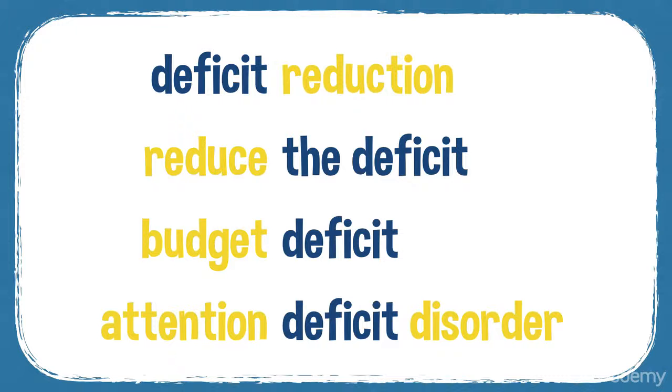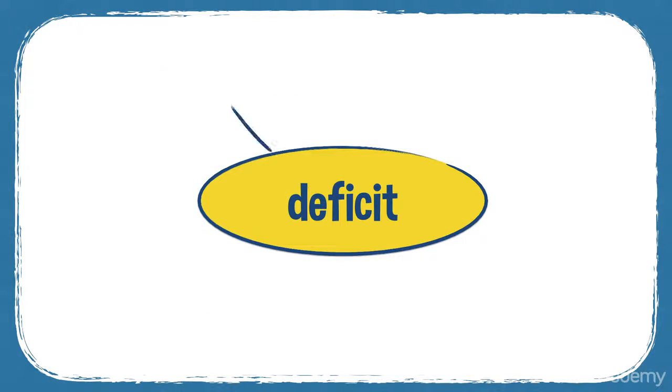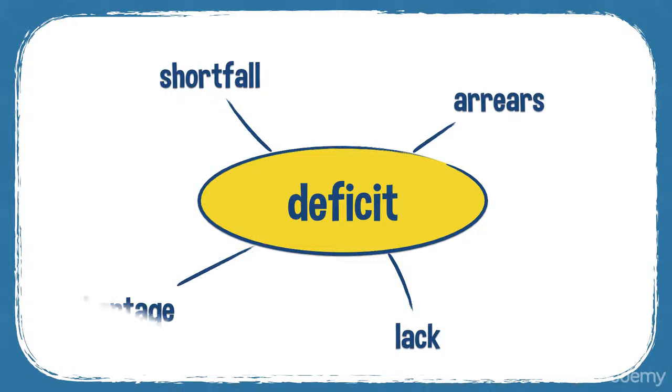They can't listen to the teacher. They mess around in the classroom. They can't concentrate. Attention deficit disorder, or ADD as it's often called as well. So some synonyms for deficit: shortfall, lack, so you have a lack of attention, a lack of money, arrears, shortage.